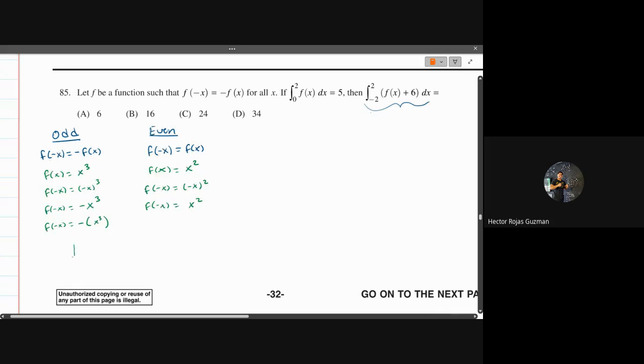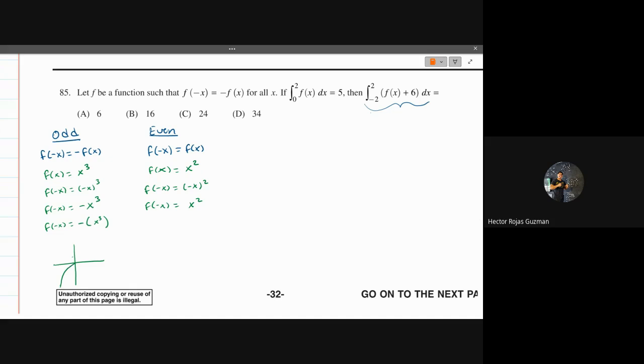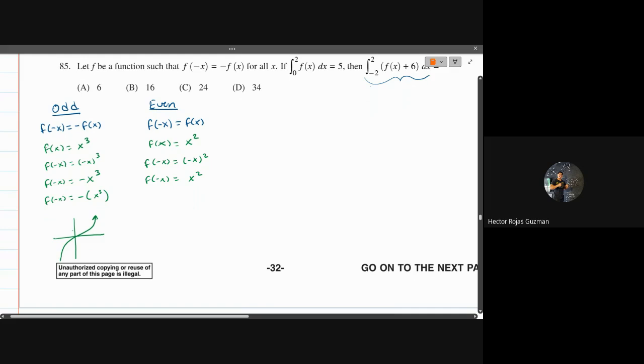Graphically, now that we know x cubed is an odd function, an odd function is symmetrical with respect to the origin. So it looks the same diagonally.